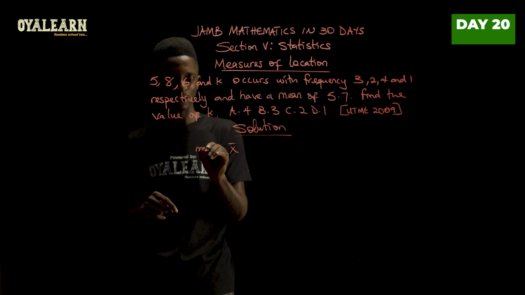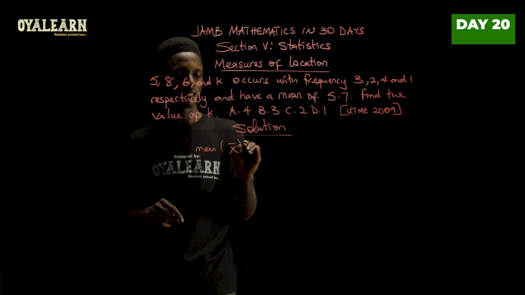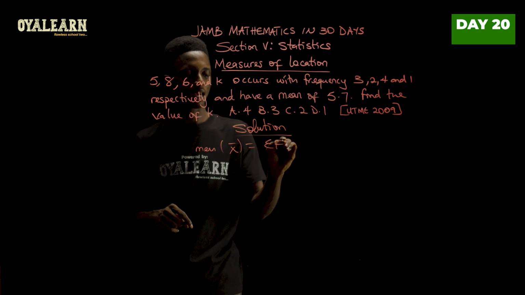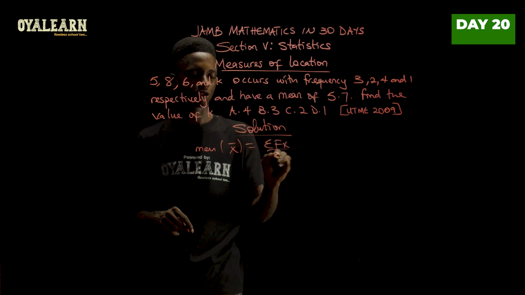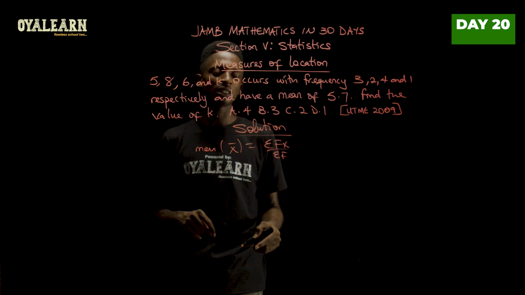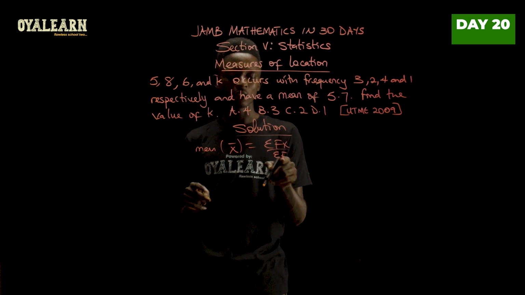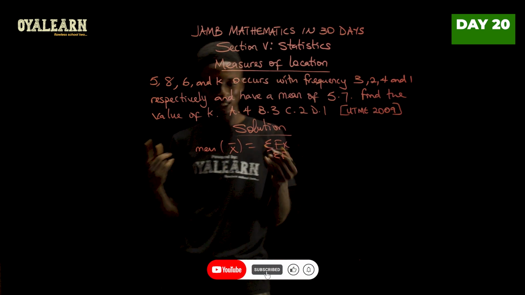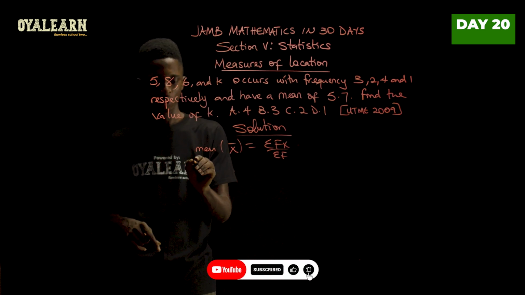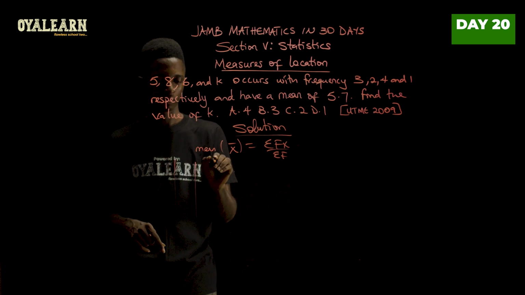The mean x bar is given as summation fx over summation f. So we need the frequency times the numbers here, and then the sum of the frequencies. So let's make that table.